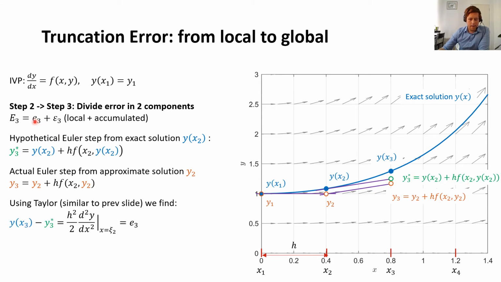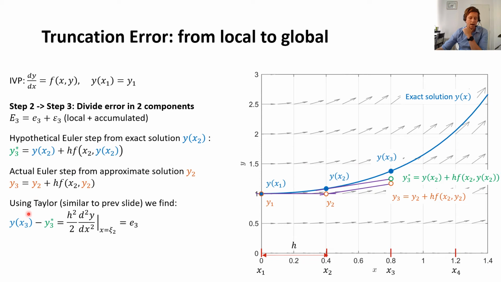So let's look at these two components of the total truncation error in step 3. And well, let's first take a look at the local truncation error. And the local truncation error, well, that's simply the difference between the exact value and this value that we obtained starting from an exact initial condition from here on.